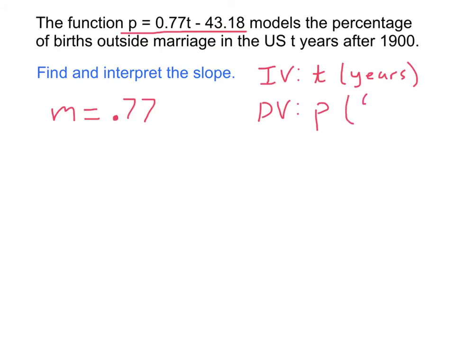So that's a percentage. So the slope is going to be, remember, always in y units per x units. And the dependent variable is your y, and the independent variable is your x. So it would be percentage per year. So we could write that as our units: percent per year.